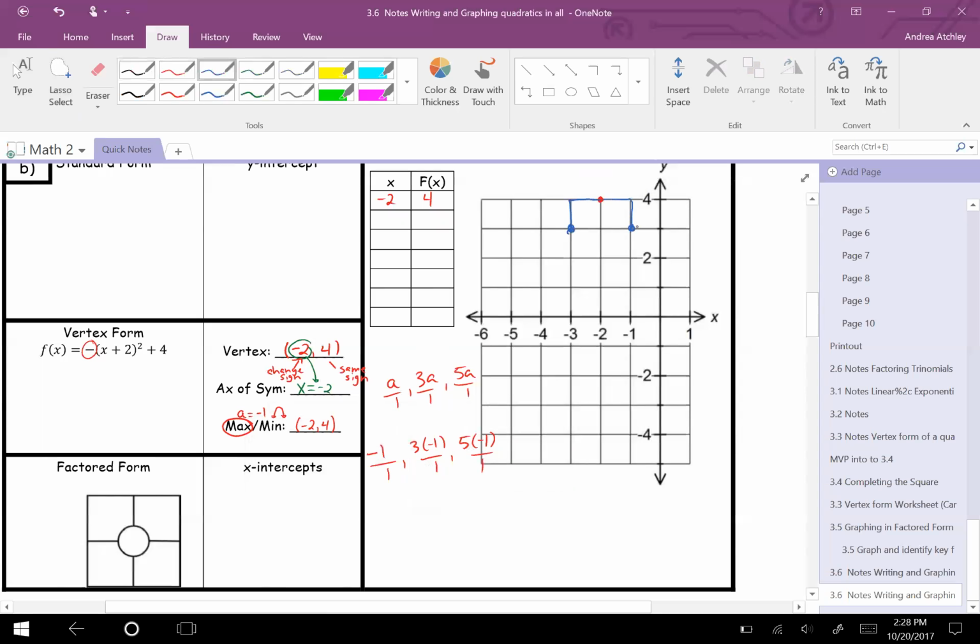Then 3 times -1 is -3. Then we go over to the right 1 and down 3. I'm going to do it one more time and go over to the right 1 and down 5. This way and down 5. So this is my parabola.